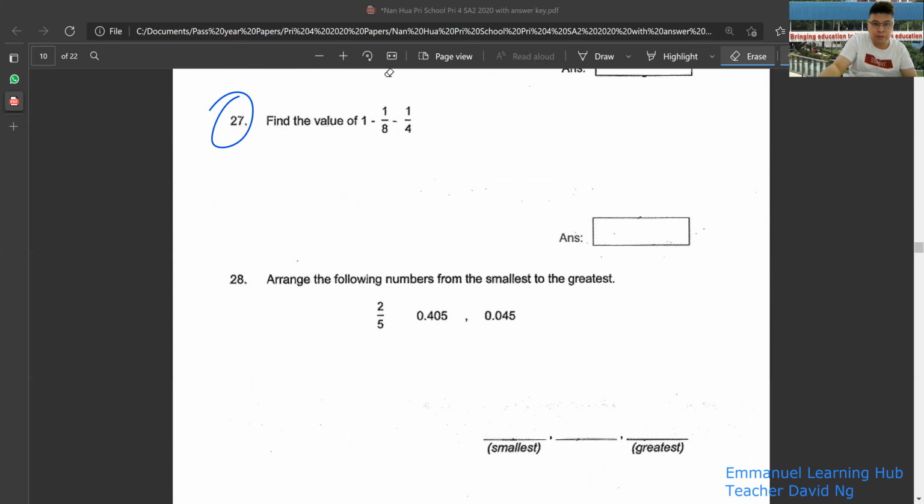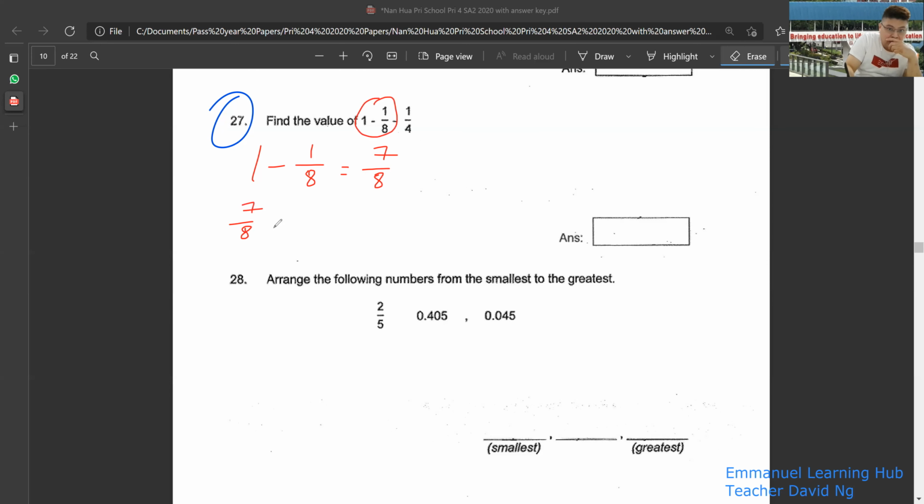Then this one, 27. How to do? Don't know. You don't know? 1 minus 1 over 8 is how many? 7 over 8. Okay, this part is 7 over 8.